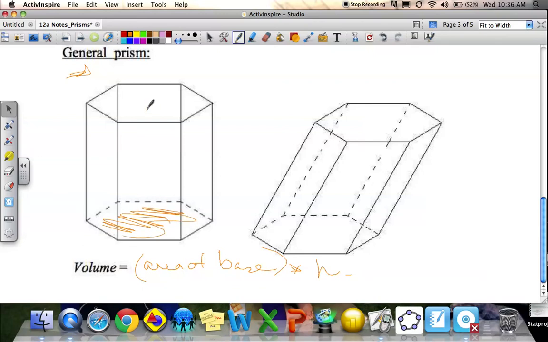And to get the volume, we'd multiply that by the height, which would be from the top perpendicular to the bottom. That would be the height. If you wanted to find the volume of this oblique prism, you'd find the area of the base and multiply that times the height, which would be the perpendicular distance from the two bases. And we're done for today.